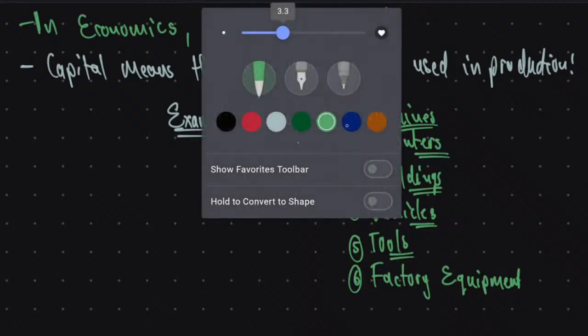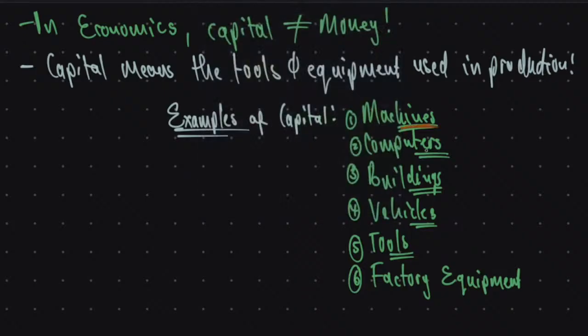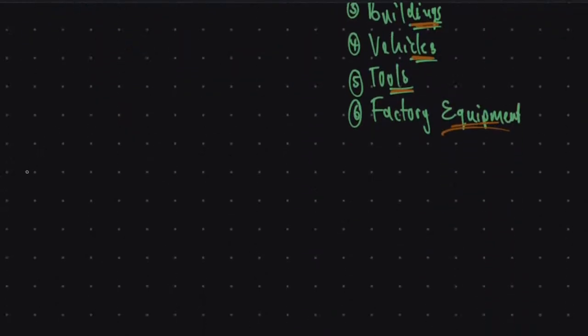Look at this closely. Machines are capital. Computers are capital. Buildings, cars, tools, factory equipment.